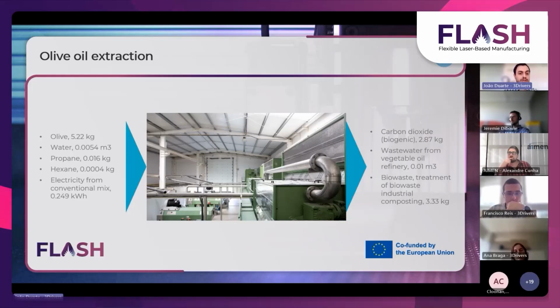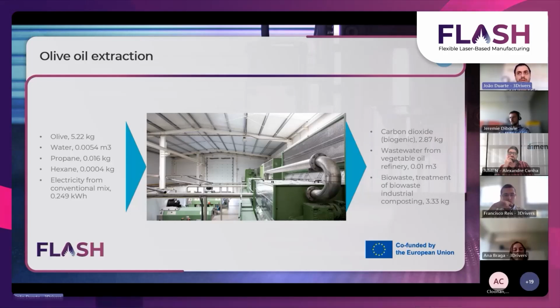For the next phase, we utilize the olives, which are the main input, and also the other inputs required for those processes that I listed previously. So that are water, propane, hexane, and also electricity.